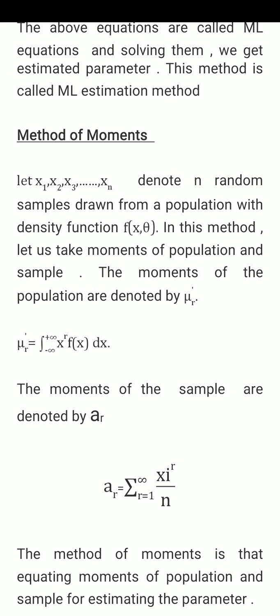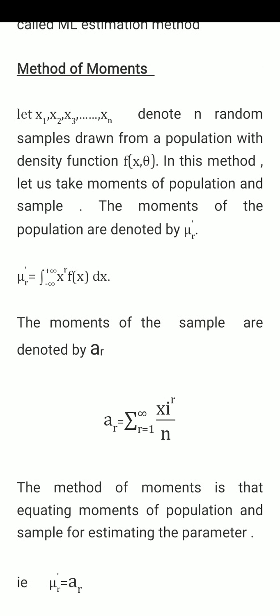And the method of moments, the last one. Let us draw n random samples x1, x2, ..., xn from a population with the density function f of x comma theta. In this method, let us take the moments of the population and the sample. The moments of the population are denoted by mu r dash, that is mu r dash is equal to the integral from minus infinity to plus infinity of x power r into f of x into dx.